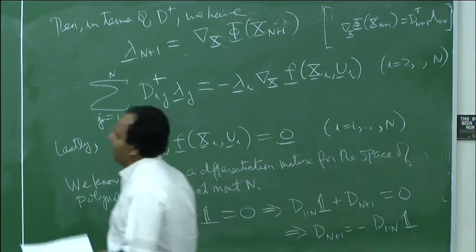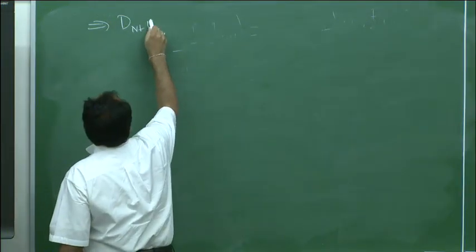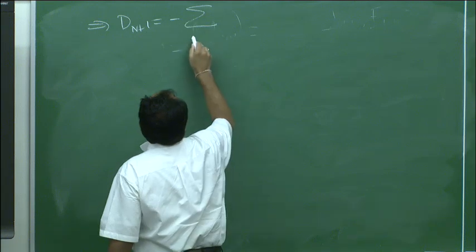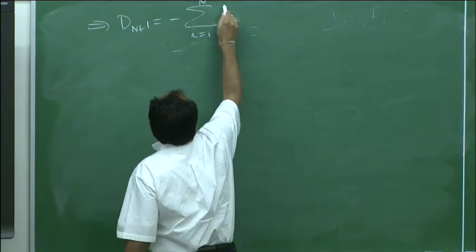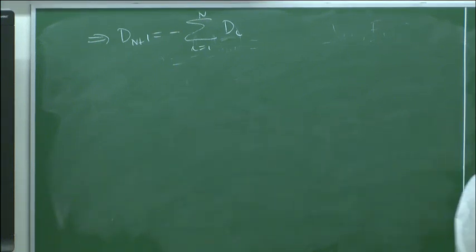Another way of writing that is that it's basically a linear combination of the first n columns of the matrix D. So I multiply by a column vector of 1s. What I get is that D_{n+1} has to equal minus the sum from i equals 1 to n of D_i. Okay? That's all that tells me.